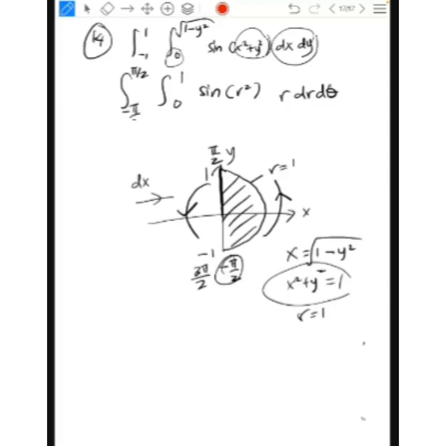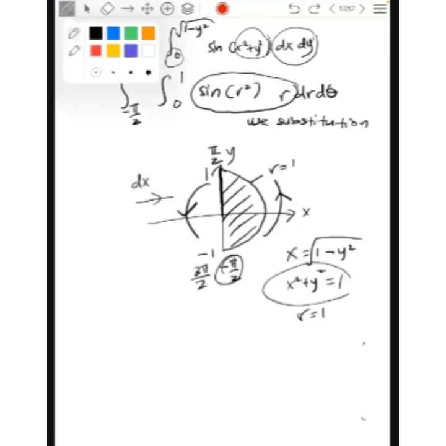So again, this one you have to use substitution. Why? Because you cannot multiply here. You cannot multiply into the r squared, because r squared belongs to the sine. So whatever is in the sine, if it's r squared, then it will be r squared until the end, unless you do an identity operation to it only.